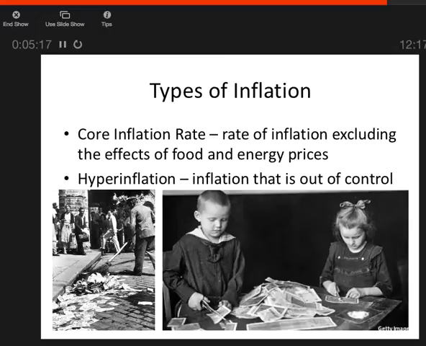When you would go in to eat dinner somewhere, you would have to negotiate the price before you made the purchase, because by the time you were done eating your meal, inflation had already gone up. Inflation was so bad that kids were playing with money instead of going out and buying toys, because it was cheaper.